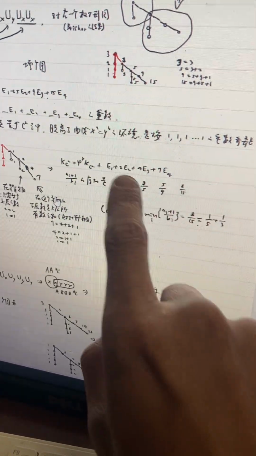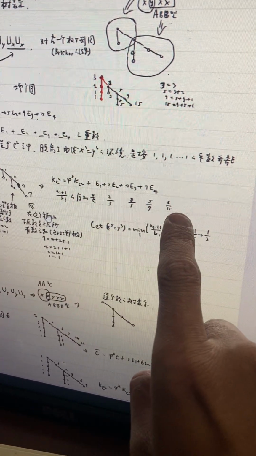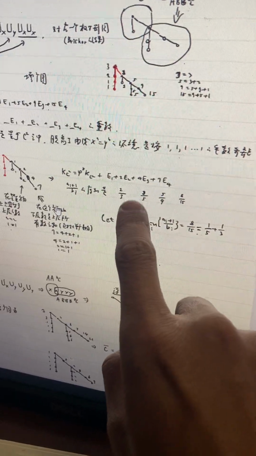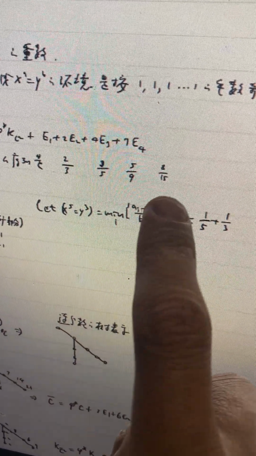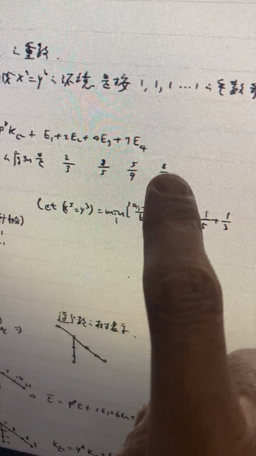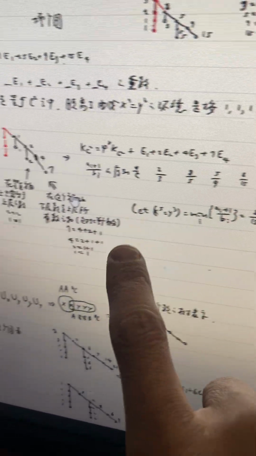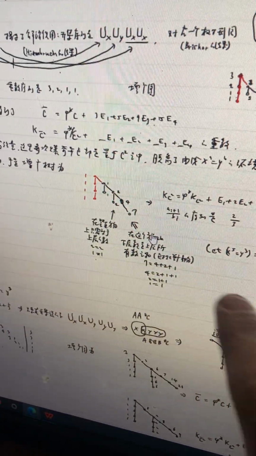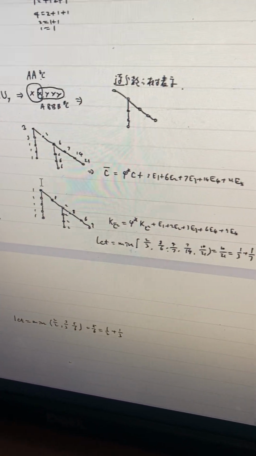Correspondingly, taking the quotients, you get a set of fractions. In this set of fractions, finally, we find the last one is the minimum. So we verified. For another example, I also verified.